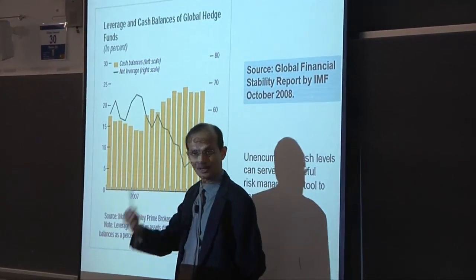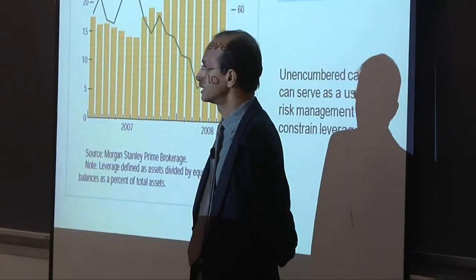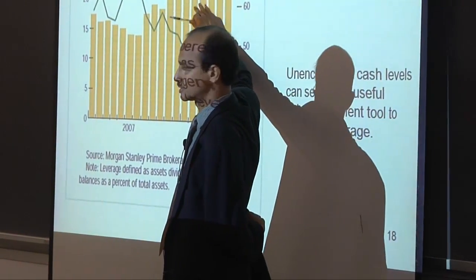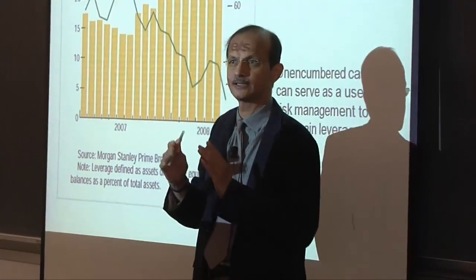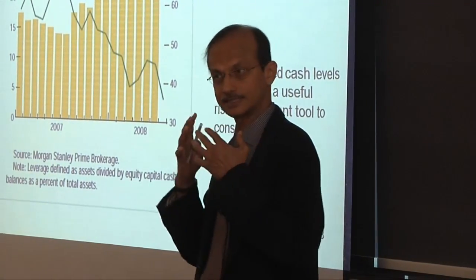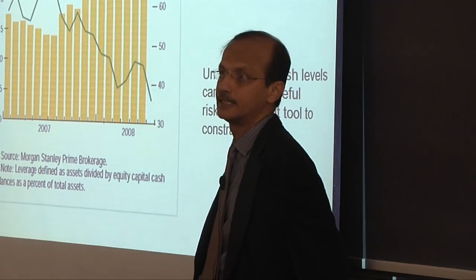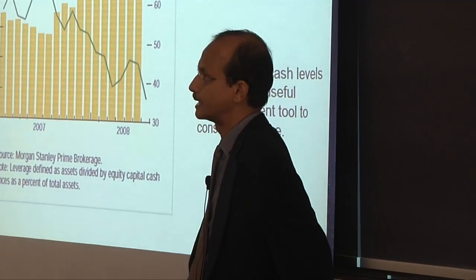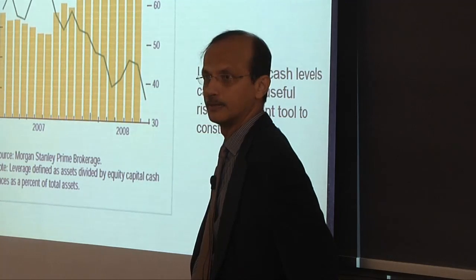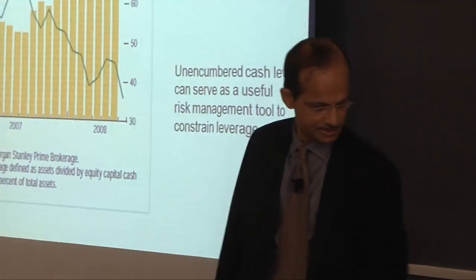But if you're doing involuntary deleveraging, then you're not selling these things at the right price. Your cash balances may not go up as much. So one of the ways in which you can tell whether a fund manager is strategically reducing the leverage, or is involuntarily reducing the leverage, is by looking at the unencumbered cash balance. Let me stop here, and I'll be happy to address your questions later.